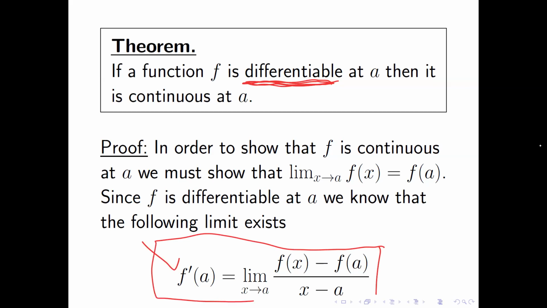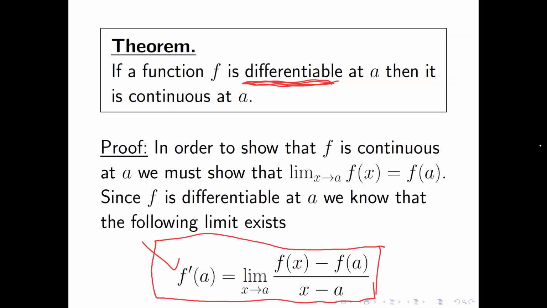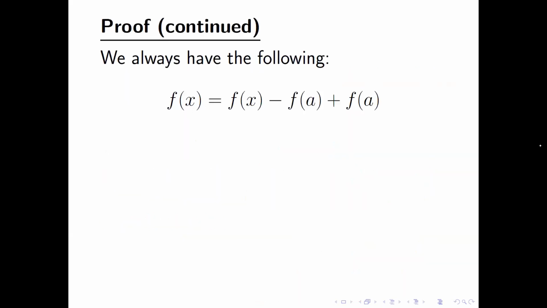This means that our function is differentiable. This is from our definition. So here, from differentiability, this is what you need to just state. So let's check: does this mean the function will be continuous?